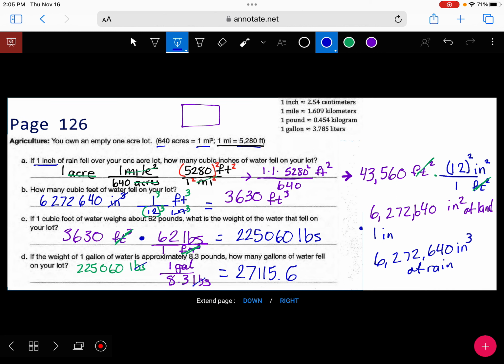Okay, so these kinds of unit conversions show up in story problems a lot. The next one is, I think, very interesting.